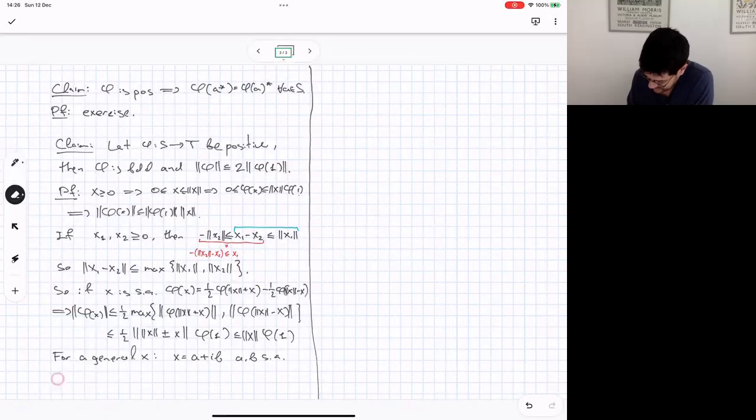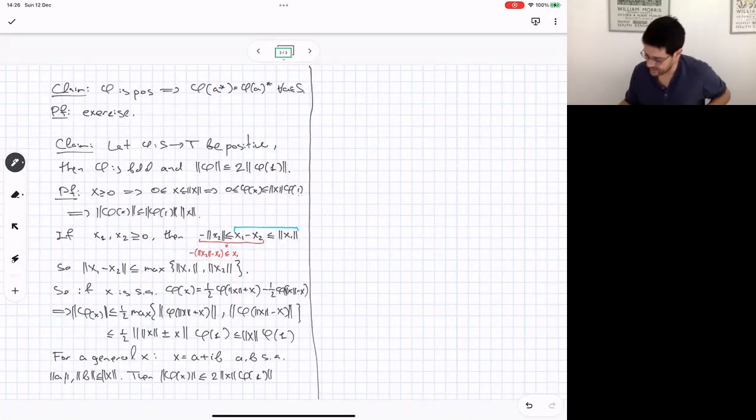Then the norm of A and the norm of B are, of course, less than the norm of x. Then the norm of phi of x will be less than 2 times the norm of x times the norm of phi of 1, because you do it to A, to B, and so I forgot the norm here, and I think that's it. Okay?